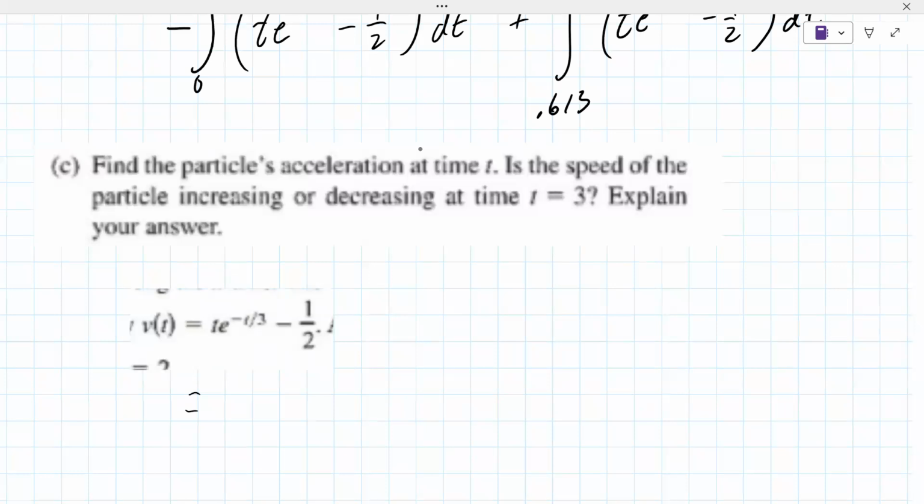It's a product rule derivative. Wait, how?